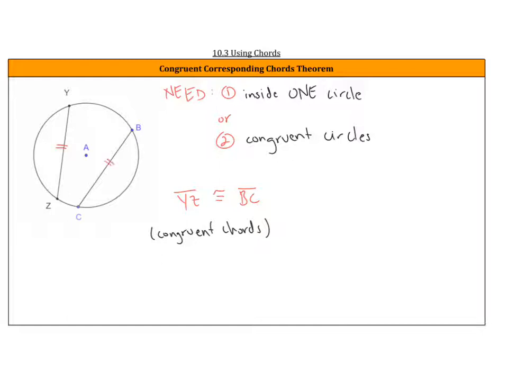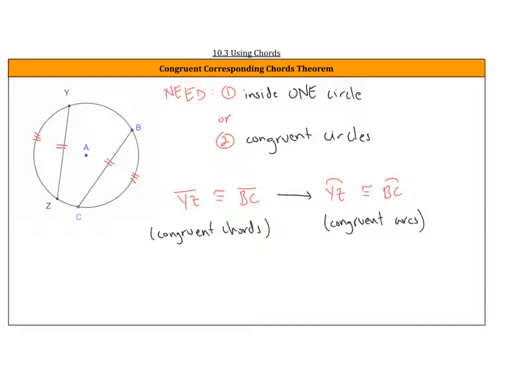YZ is congruent to BC. Now, if this is the case, then here's what we are allowed to conclude. We are allowed to say that their corresponding arcs, or their related arcs, so arc YZ is going to be congruent to arc BC. And of course, I'm going to go ahead and mark those in the picture as well. Here is arc YZ, and here is arc BC.